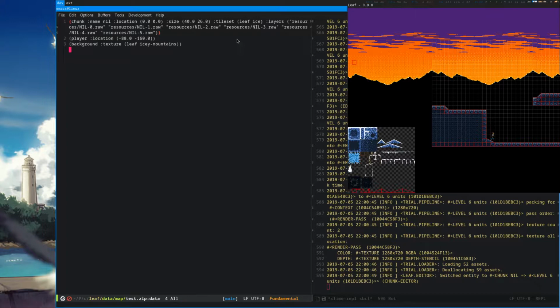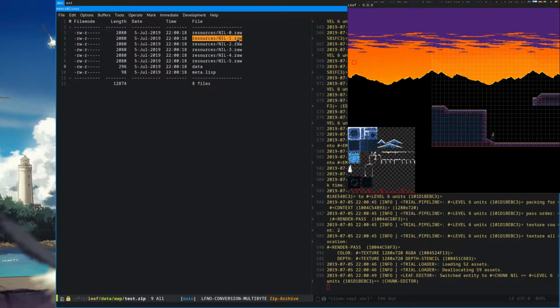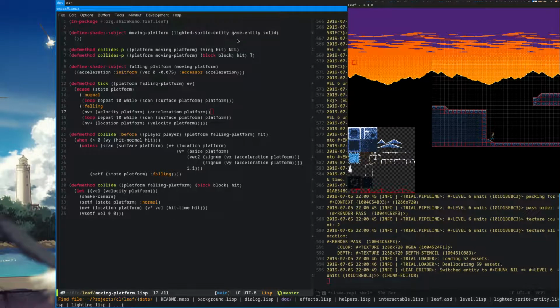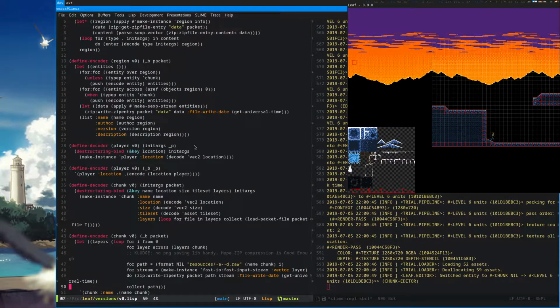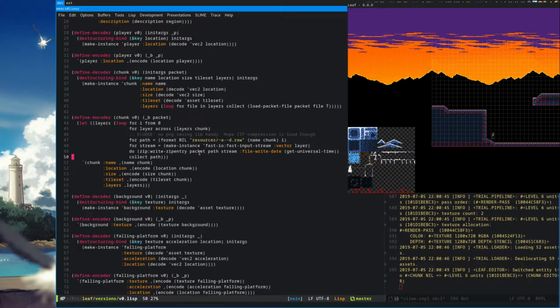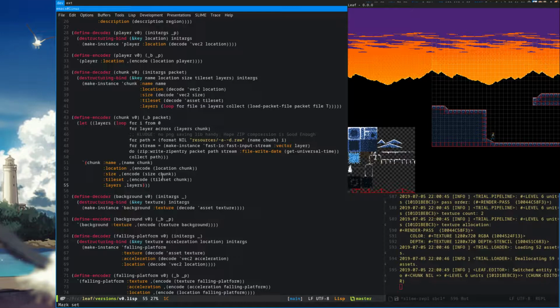Let's see. Yes, it isn't. Oh, I see why that is. That's an interesting problem, actually. The chunk currently does not serialize its children.